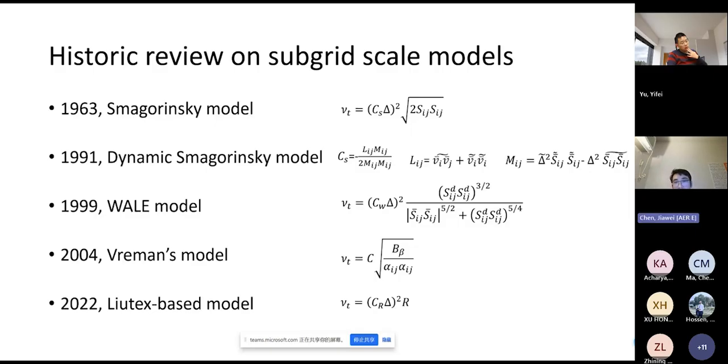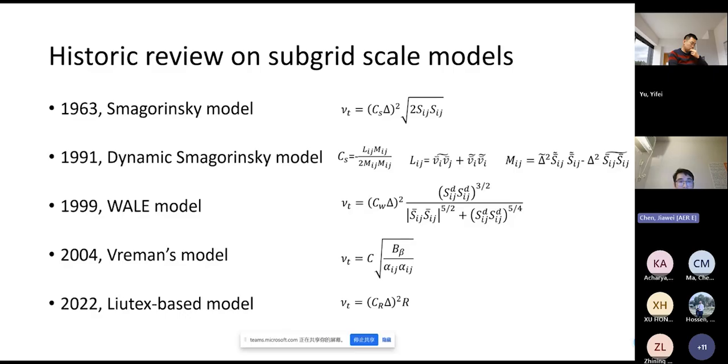In this model, there are three important parameters in the formula: the model coefficient CS, the length scale delta, and the velocity scale. In the Smagorinsky model, the velocity scale is derived from Sij, and the model coefficient is a constant.